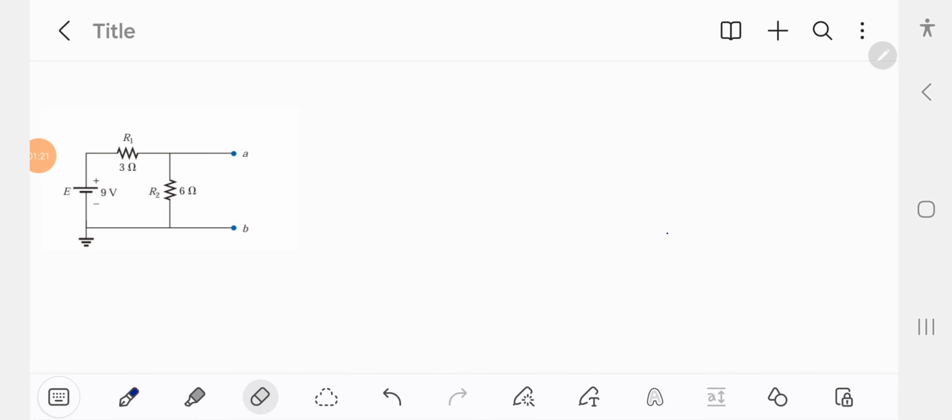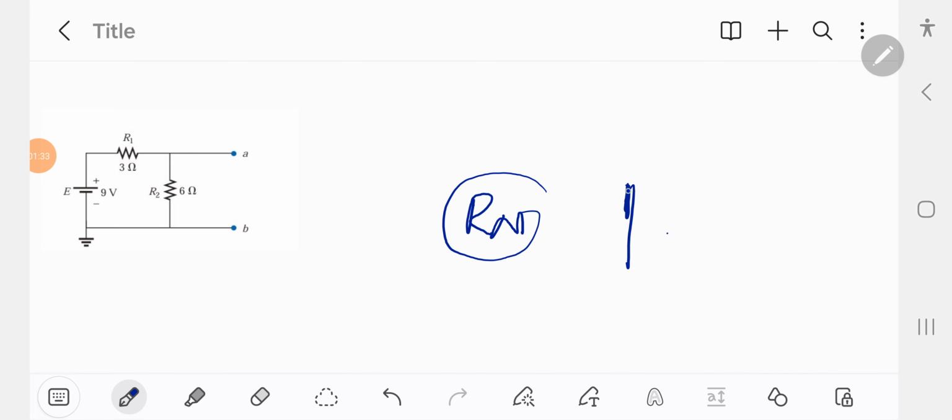Now in the second step, we are going to find Rn, the Norton resistance. For the Norton resistance, the voltage source should be replaced by a short circuit. So our circuit will look like this.